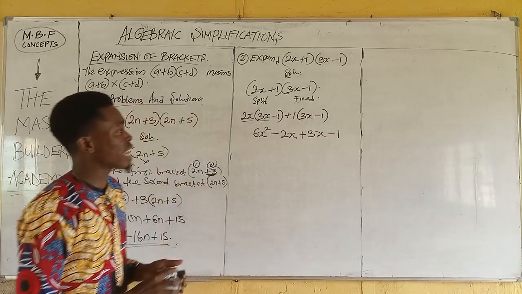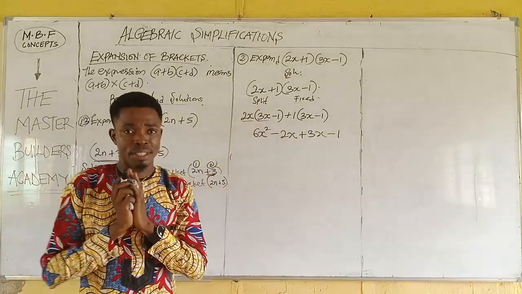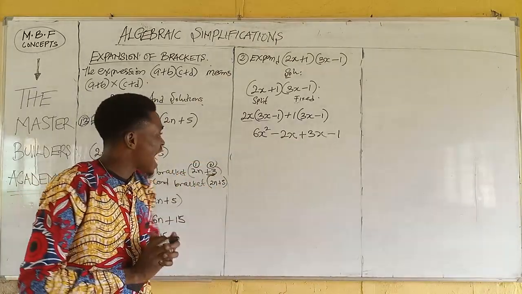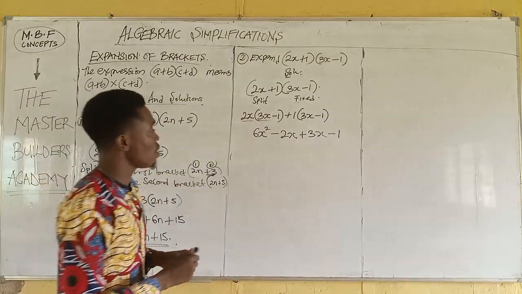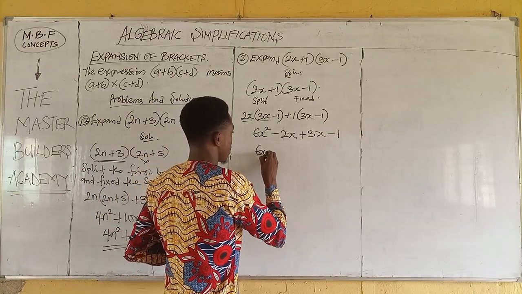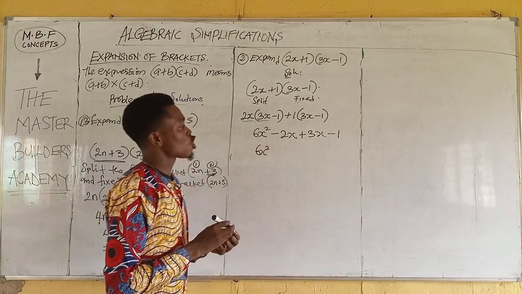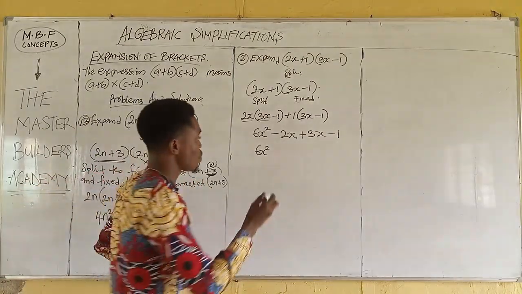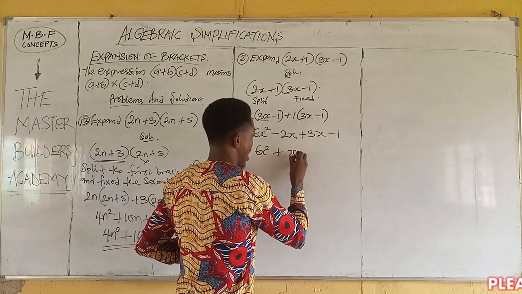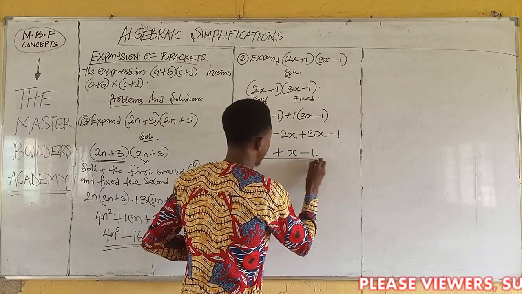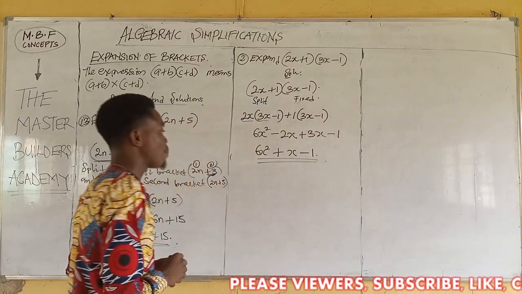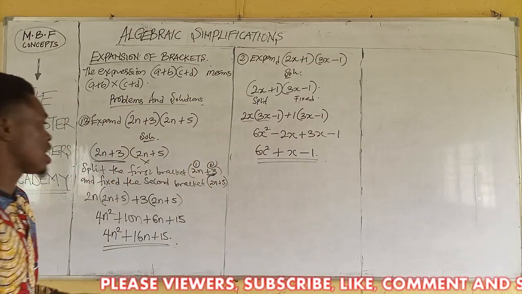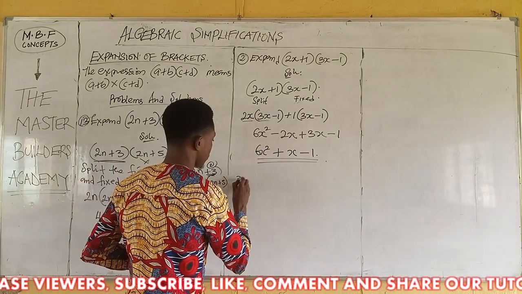And at the same time, the two middle terms can be added together. Therefore, we have 6x squared minus 2x plus 3x will give us 1x. Therefore, we have plus 1x minus 1. This is the answer to this very question. Now we have question number 3 on the board.